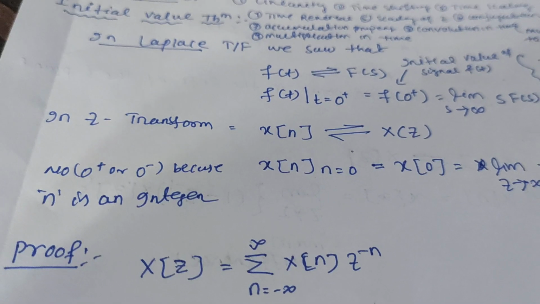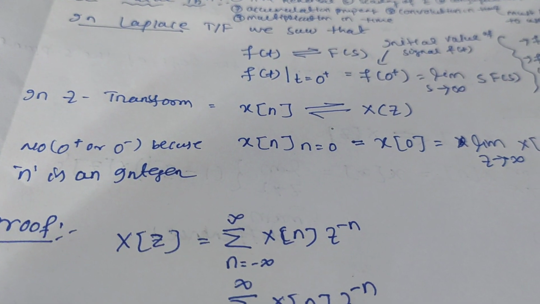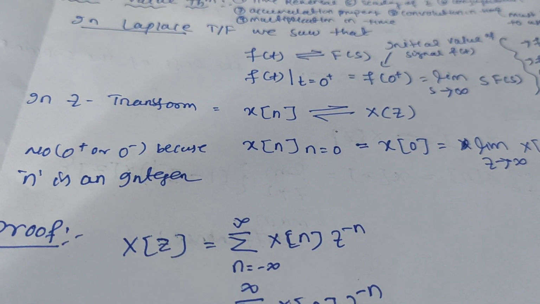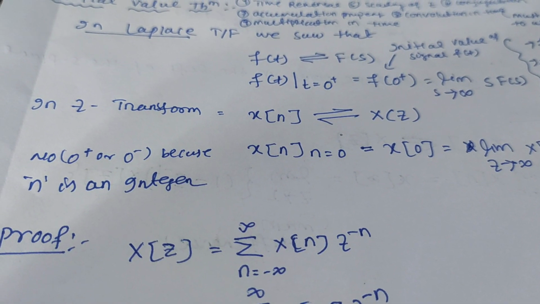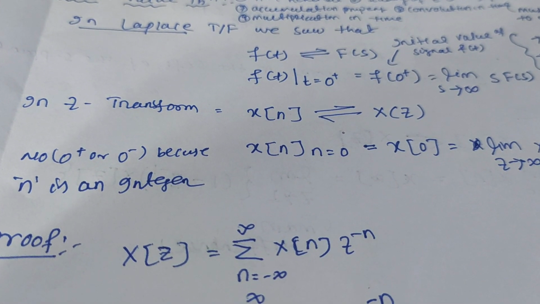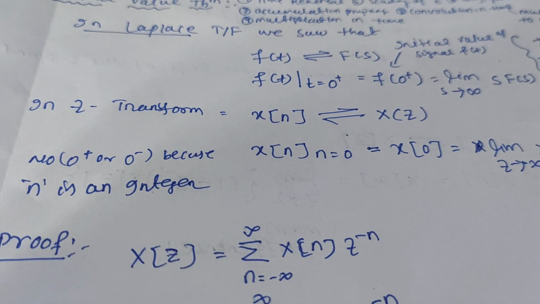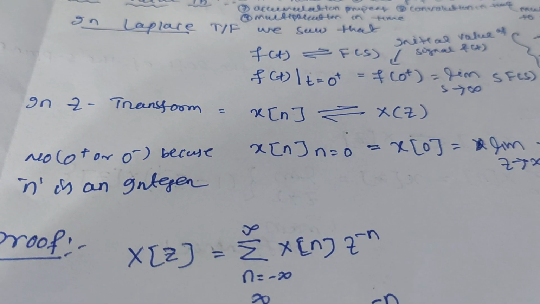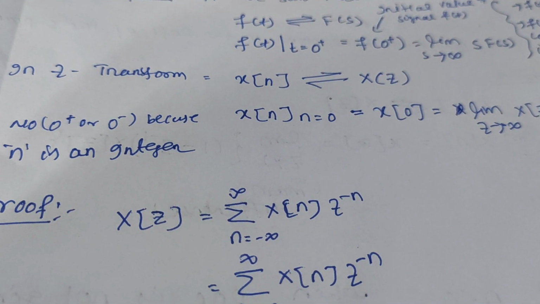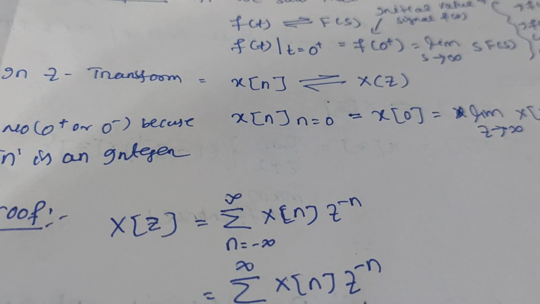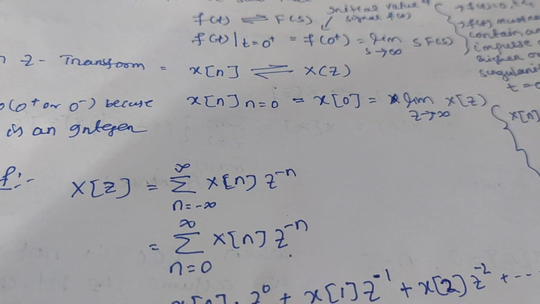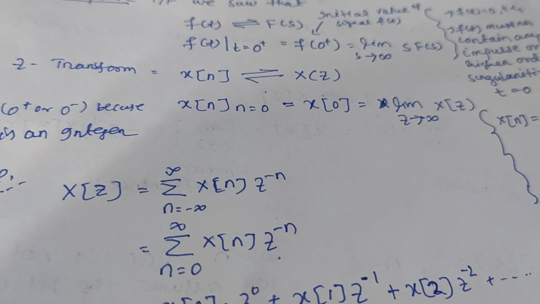So in the Z transform, whenever a discrete signal x of n is given, X of z is the Z transform of the discrete time signal x of n. In order to find the initial value, we take x of n at n equal to 0, that is x of 0, and by using this formula, the limit as z tends to infinity of X of z.